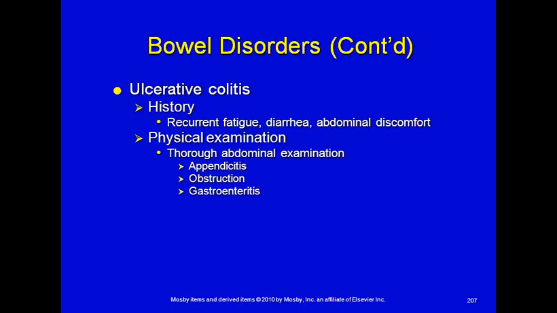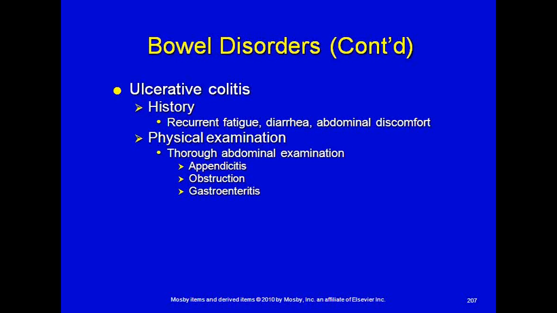You do a thorough exam of the abdomen, understanding that ulcerative colitis could look like any of these things. Ulcerative colitis could appear like appendicitis does, like a bowel obstruction does, like gastroenteritis does. So when we have significant pain in the abdomen, we're just not likely to know what's causing it.